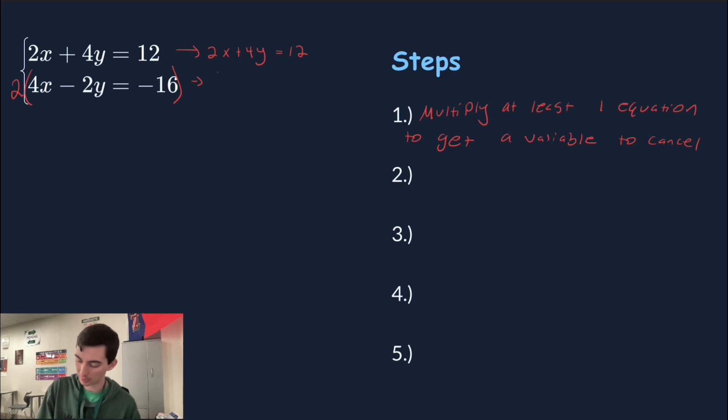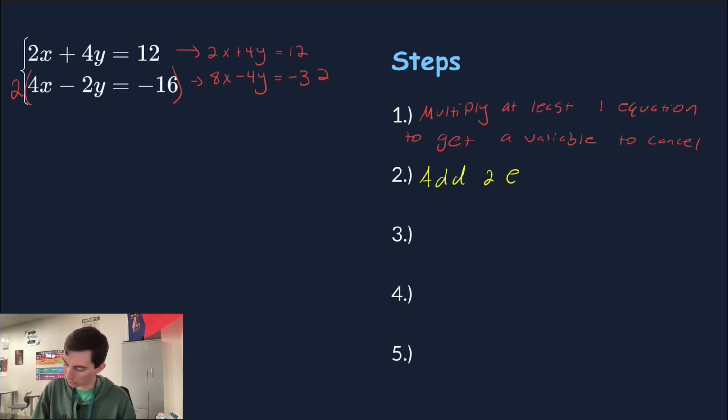So 4x times 2 gives me 8x. Then I get my minus 4y. And then negative 16 times 2 gets me negative 32. Now in my second step, I'm going to add my two equations.